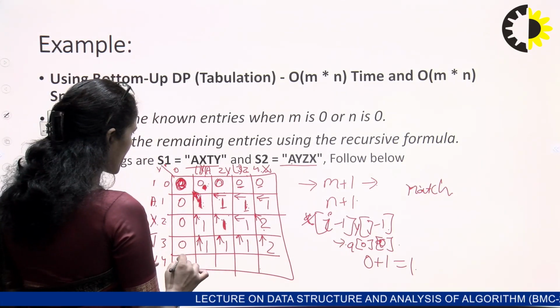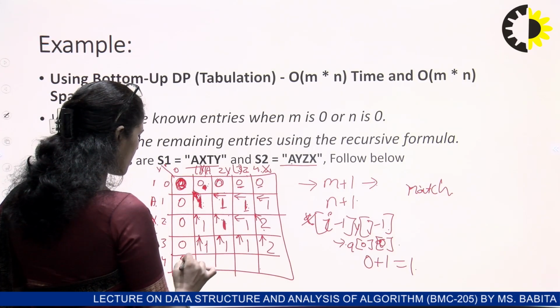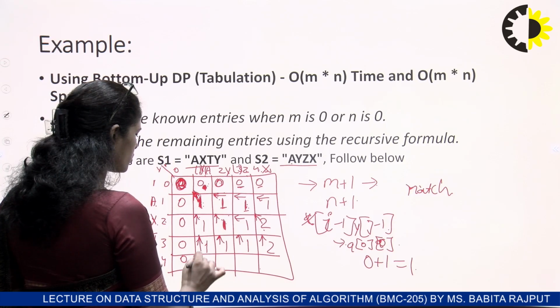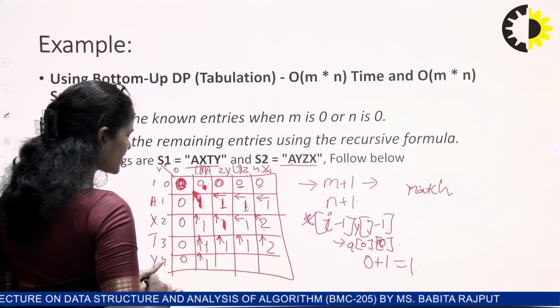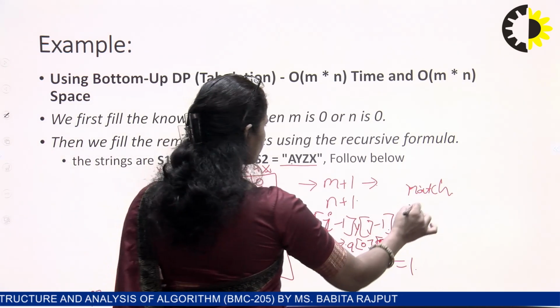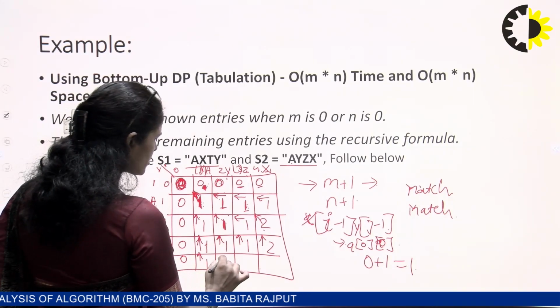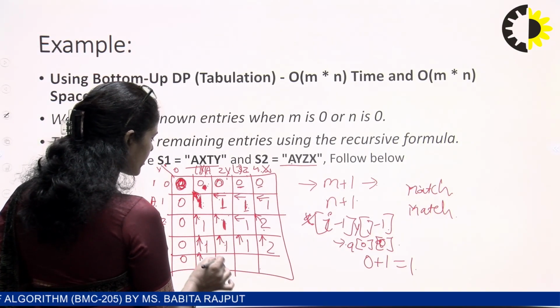Next we compare the next characters y and a, not match. Among the 0 and 1 the maximum value is 1, the direction is going to this, and next y, here we have a match, right? According to the match we are taking the diagonal value.